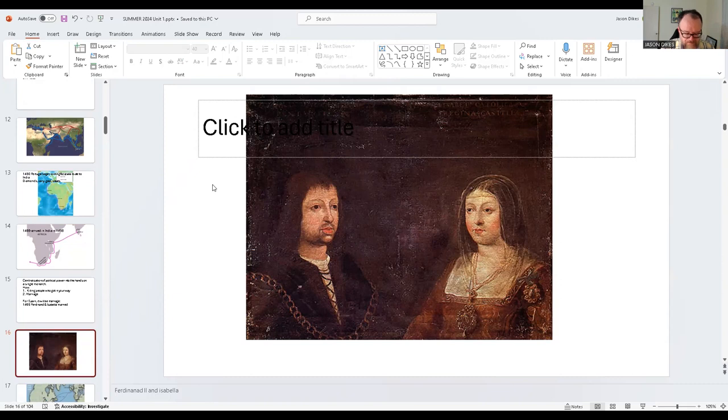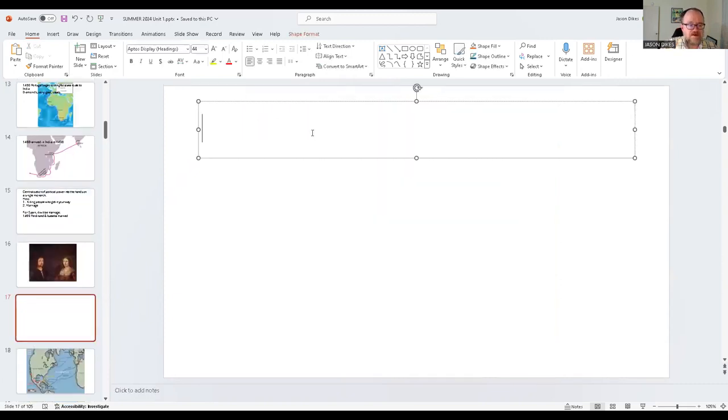Well, there were three things, maybe not three. I'm speaking ahead of myself, but there were reasons why Ferdinand and Isabella were willing to give Columbus a chance.